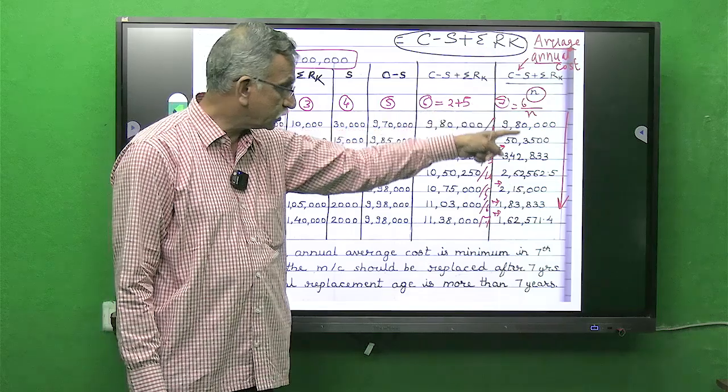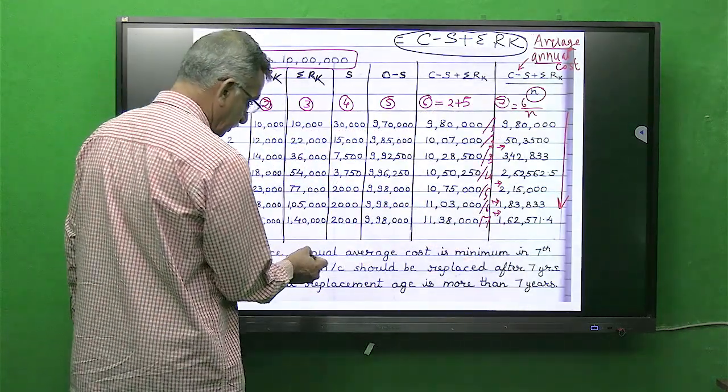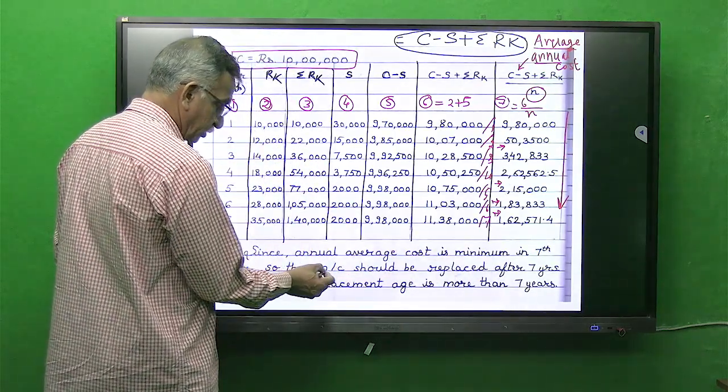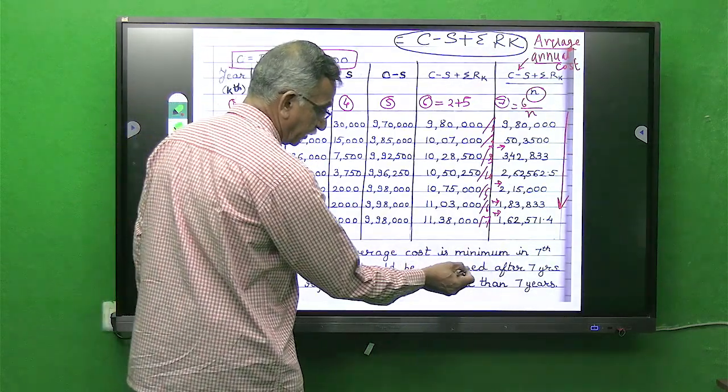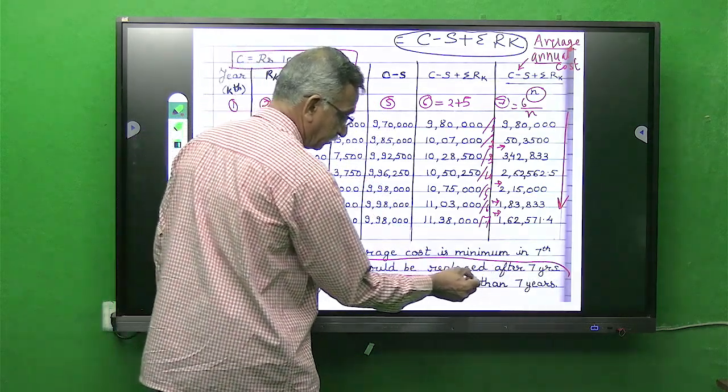Since a decreasing trend is observed, here you can see what is written: since the annual average cost is minimum in the 7th year, the machine should be replaced after 7 years. This is very important.